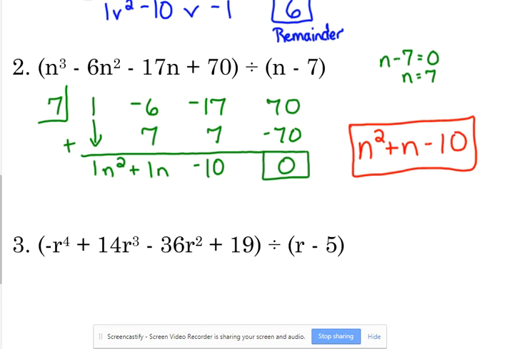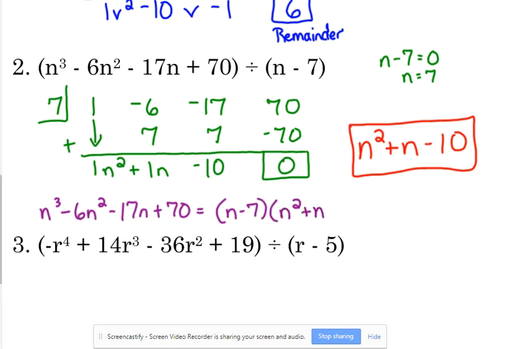So what that means is that cubic function is factorable. n cubed minus 6n squared minus 17n plus 70 is equal to n minus 7 times n squared plus n minus 10. You reviewed yesterday how to multiply that out. If you don't believe me, you can multiply it out and it will give you that polynomial.